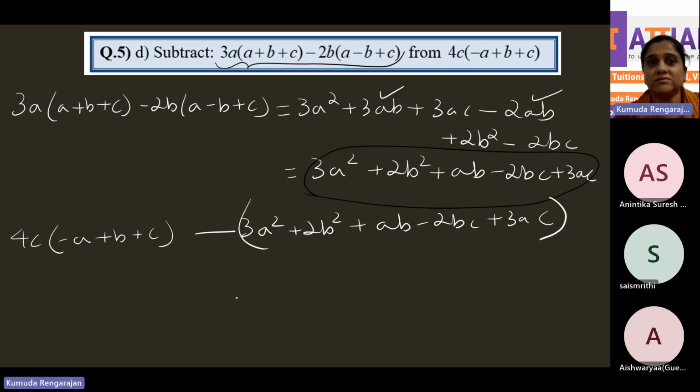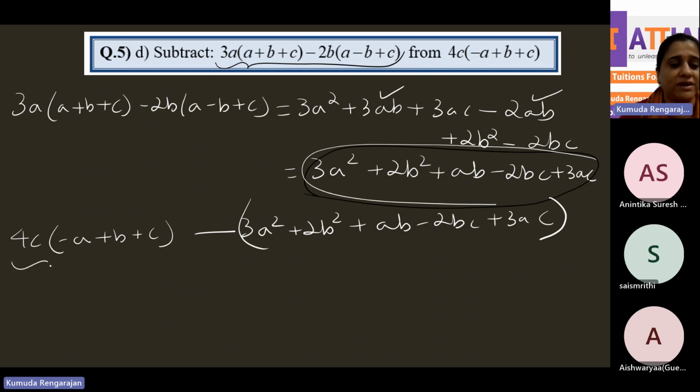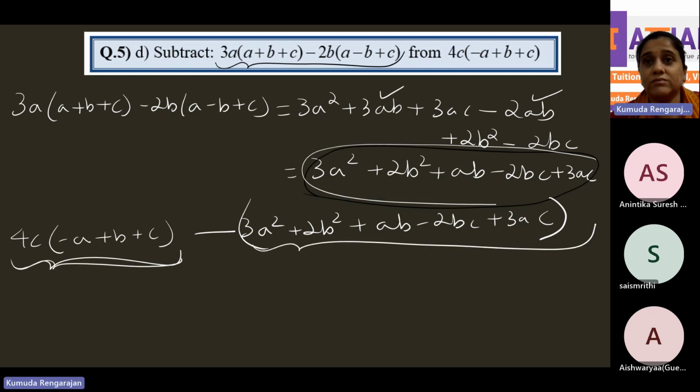Because whenever you're subtracting, after the minus sign, if there's more than one term, put them in a bracket. After from we have this one. This one was before from. So put this in a bracket and then subtract, take a minus sign.